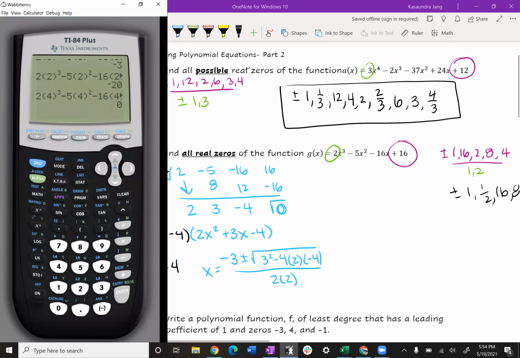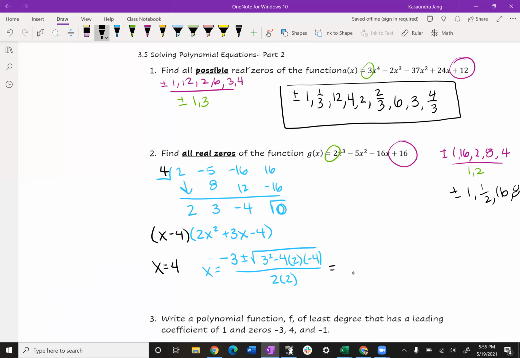All right, so I'm going to do the part under the square root first. All right, 41, good thing that I did the quadratic formula because it's not a perfect square.